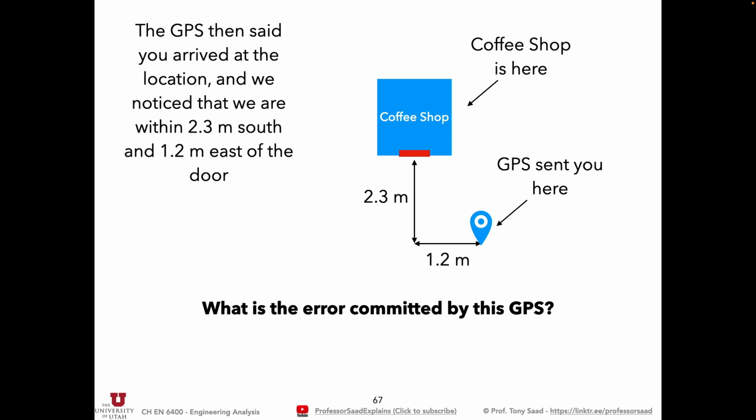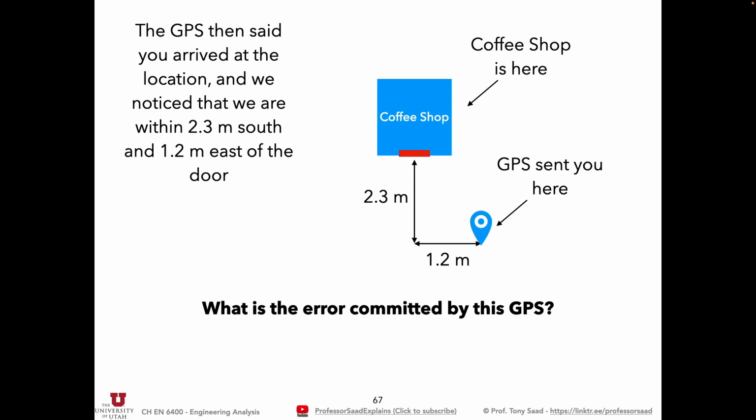I know I'm off 2.3 meters in this direction and 1.2 meters in the east direction. But what is the error? It depends on how precise you want it. I want to be right at the red door. This is the error in the north-south direction, and this is the error in the east-west direction. I'm giving you the error.